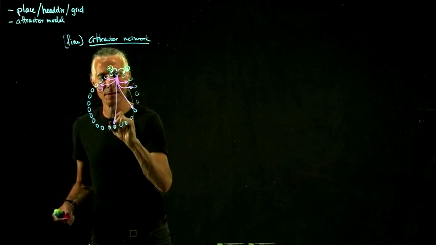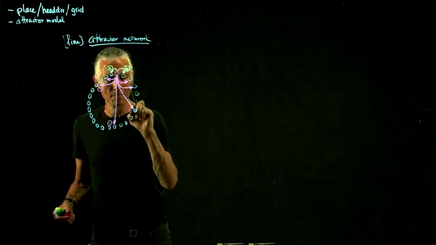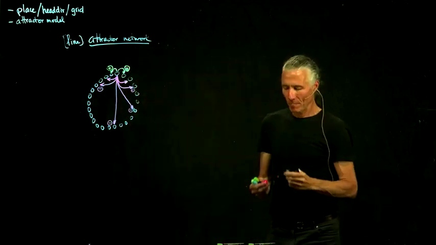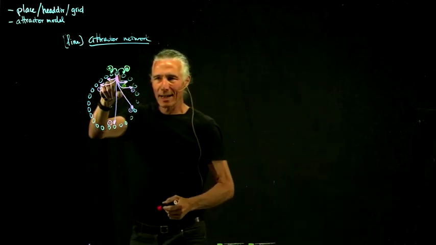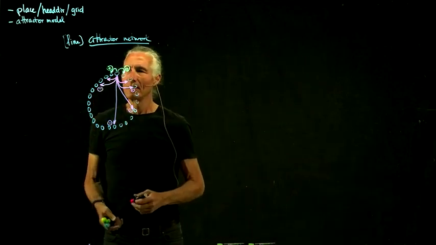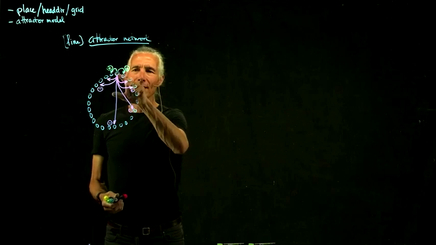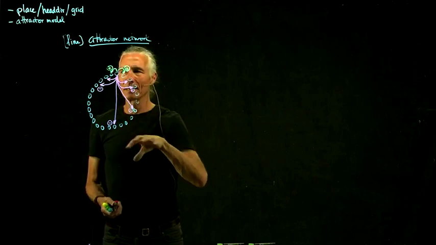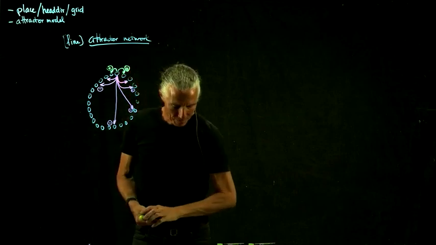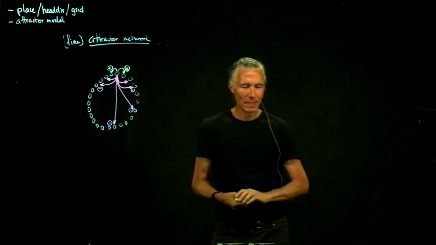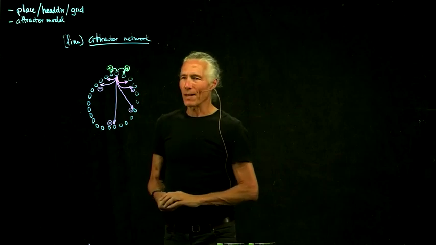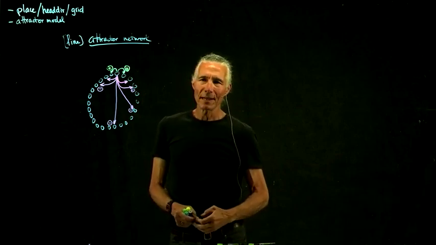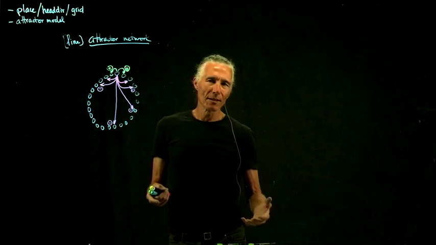Inhibit everybody else, and just excite your neighbor. So if you make all the cells like this, so that everybody excites their neighbors and everybody inhibits the people that are further away, what happens? Well, that's going to be an attractor network. It's basically going to be a winner-take-all attractor network.